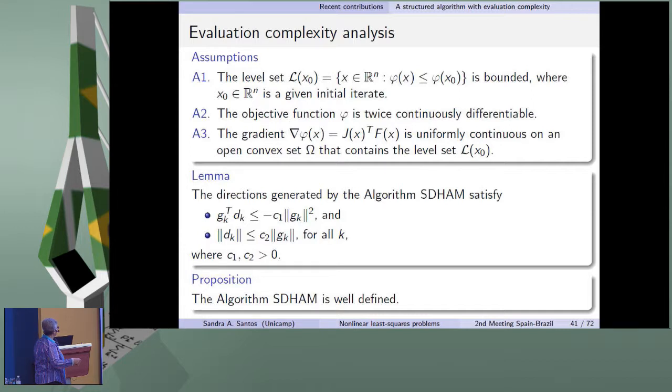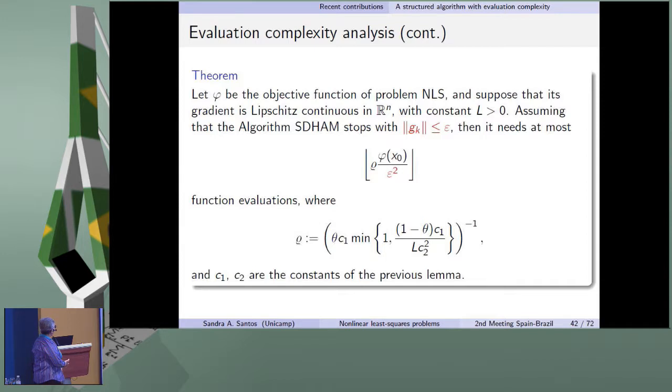This is slightly weaker than assuming that the Jacobian is Lipschitz. So we proved that our directions are of descent, and they are gradient related. And with this hypothesis, and based on this lemma, we show that our algorithm is well defined, in the sense that the line search can be performed in finite time.